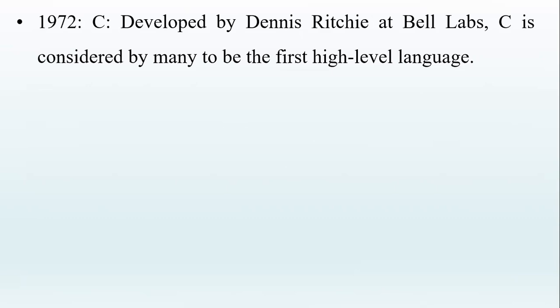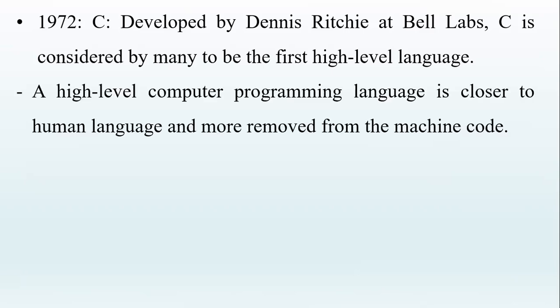In the same year, 1972, C was developed by Dennis Ritchie at Bell Labs. C is considered by many to be the first high-level programming language. A high-level computer programming language is closer to human language and more removed from the machine code.